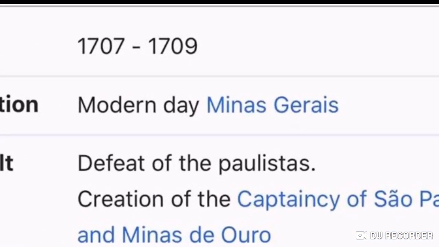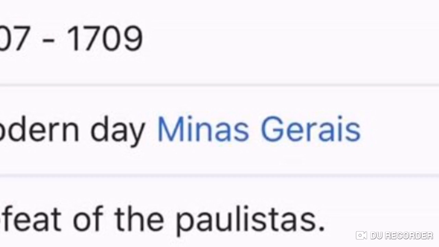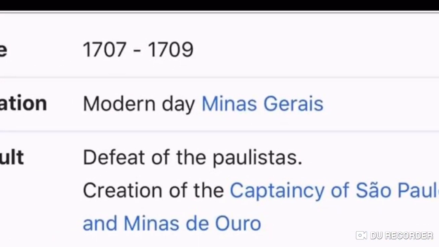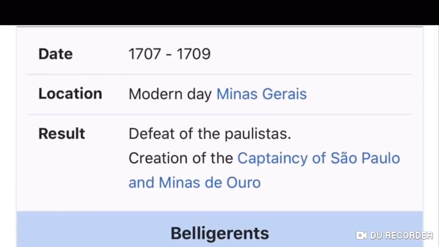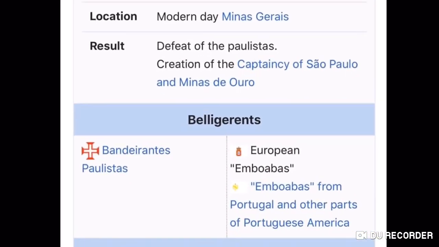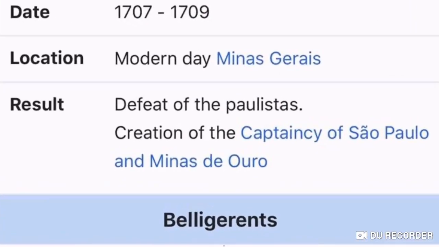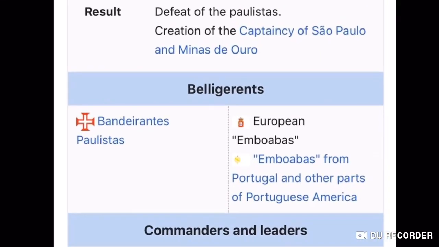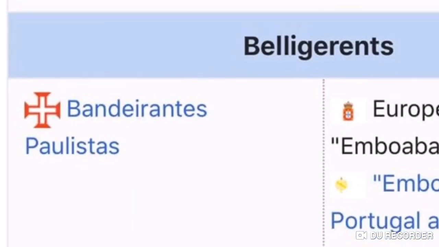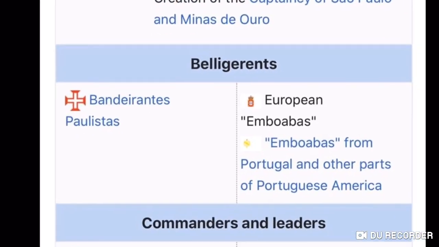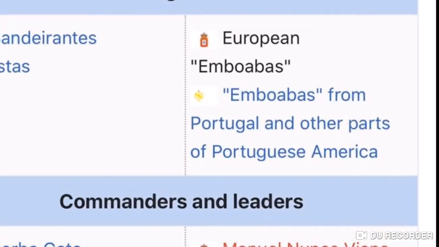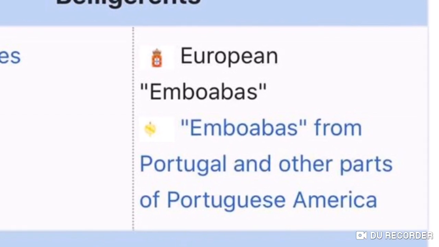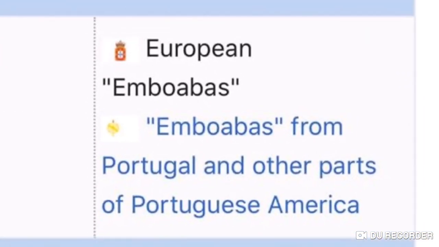And La Mina on the side today is called Minas Gerais. And right here they are talking about this 1700 war, but they have been here before 1700. The Bandeiras, Paulistas, have been known for capturing so-called blacks and for slavery.